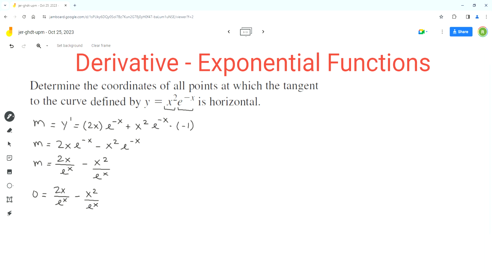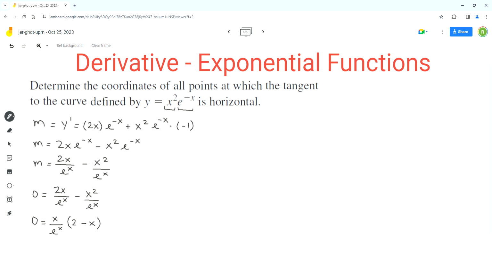We can simplify this equation by doing common factoring. So we can factor x over e to the power x from both terms. So this is the factored form of this equation.